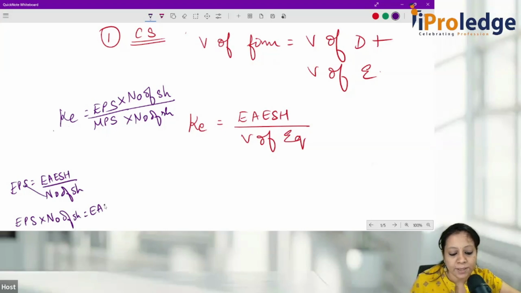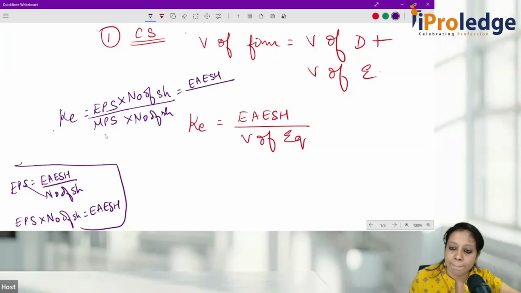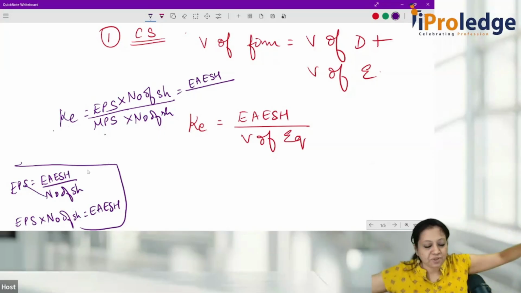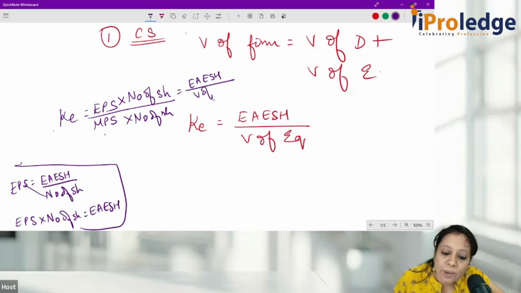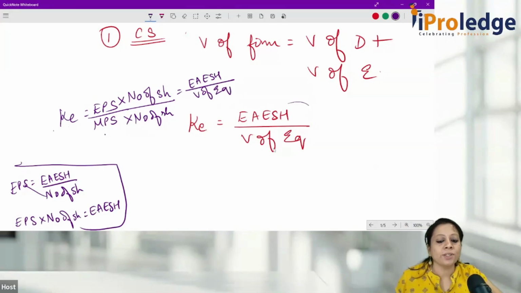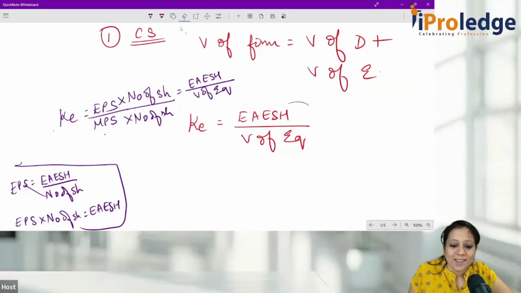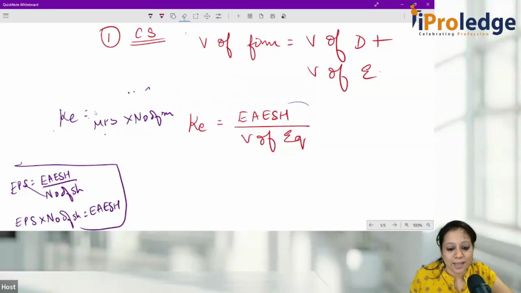Yes. So the numerator now becomes earnings available for equity shareholders. And MPS, market price per share, into total number of shares, will give me the value of equity, right? That is how I got this formula. It's very easy to remember how this formula has arrived. It's not rocket science. So we have all understood how this has come.